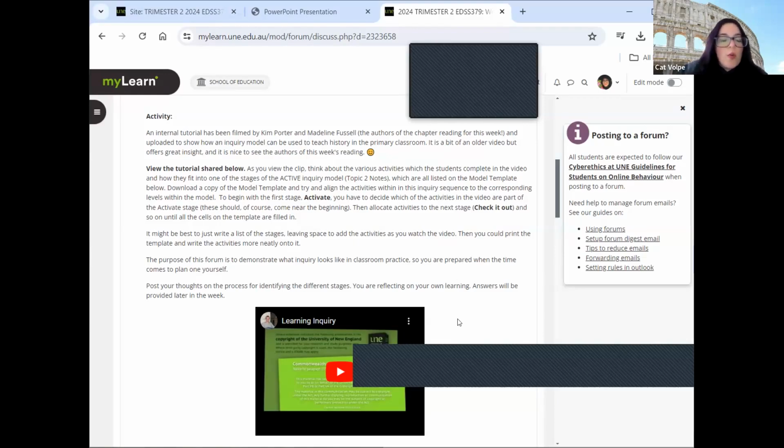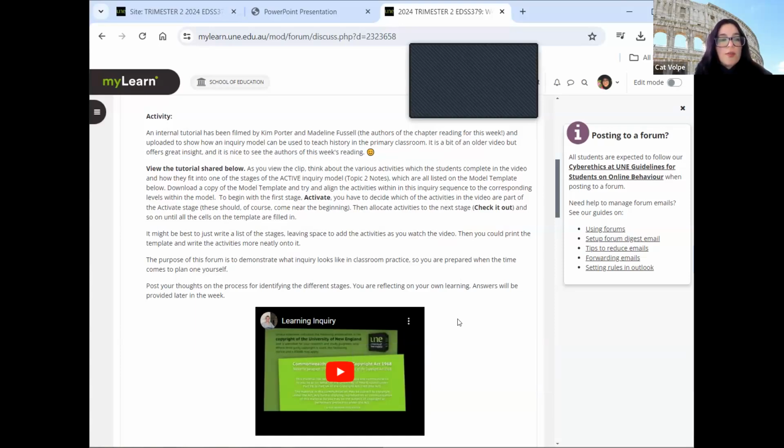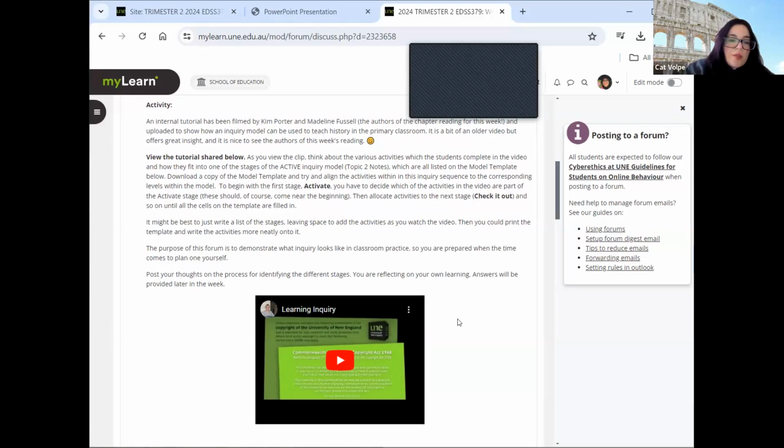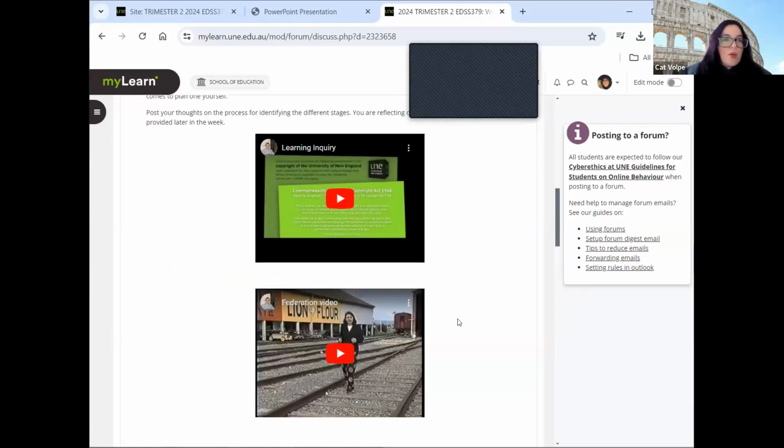It was from quite a while ago, but it's an interesting way to see how it's enacted. If you watch the lecture, I use a different example, which is focused on stage 1. So you have those 2 examples. If you're really keen to think about what this actually looks like, this is a great theory and it all sounds really great, what does it actually look like? Then those are your 2 examples there.